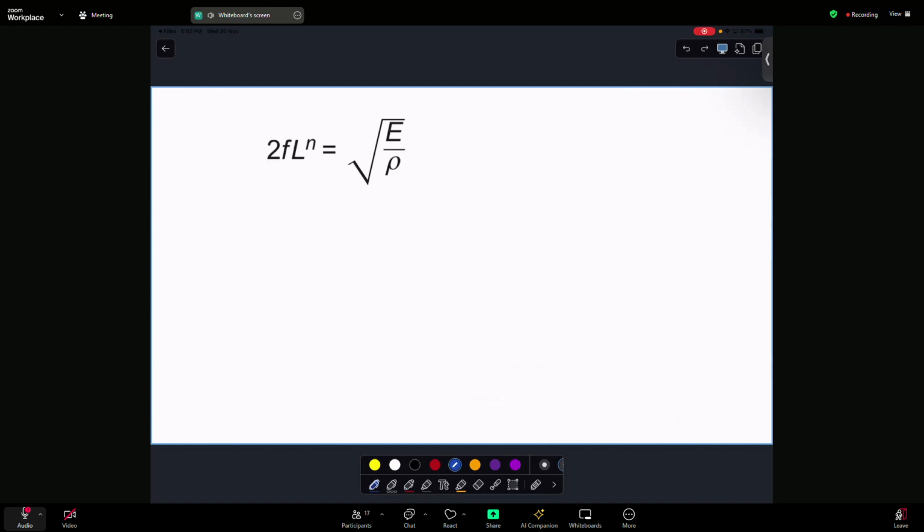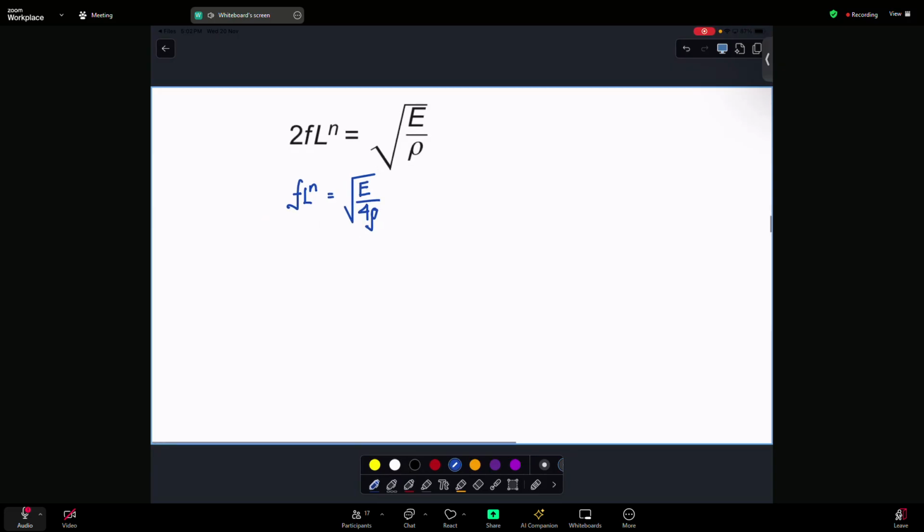So key করতে পারি, you can do F L to the power N equals to root E divided by rho. আমি যদি 4 rho লিখি, does anyone have any problem? Why is that okay? Yes, okay, ঠিক আছে. Times yeah, so that's this right hand side right now.